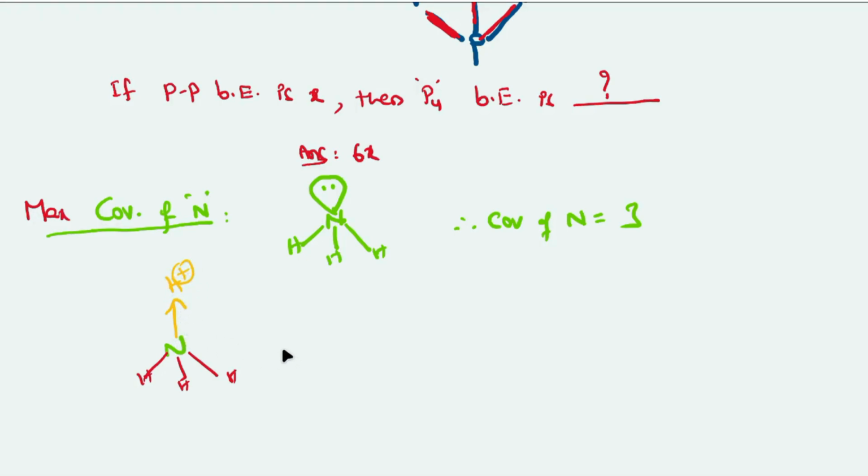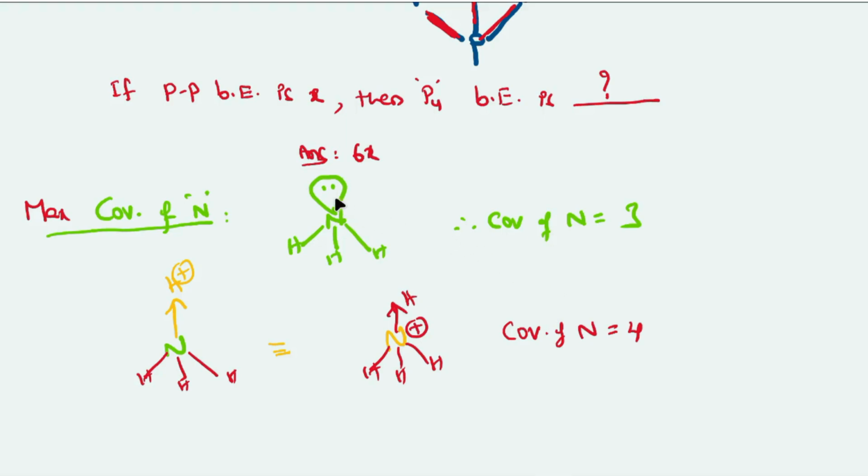Then N is surrounded by H and a dative bond towards H, and N gets positive charge. This is called NH4 plus. Sir, you told previous covalency means number of covalent bonds. Here covalent bonds are 3 only. No, this dative bond is also called coordinate covalent bond. It is also a type of covalent bond. Therefore, covalency of nitrogen here is 4.